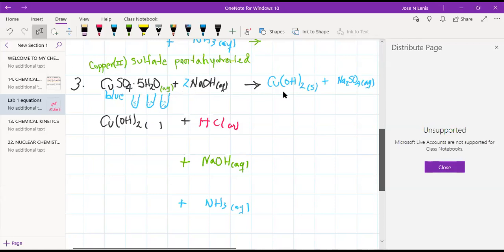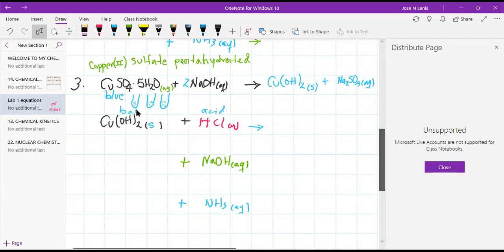All right, so the point is it forms a precipitate. Copper 2 hydroxide is a solid. And then to each test tube, to the first tube, we added hydrochloric acid. What do you observe? This is acid, and this is a base.